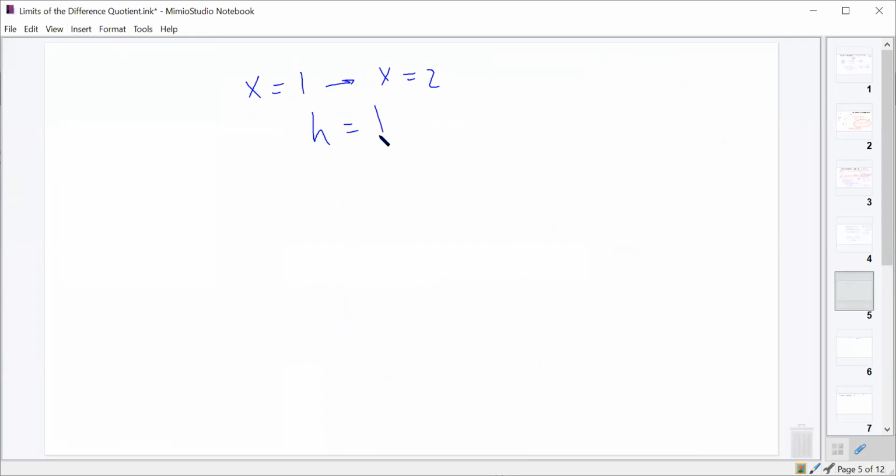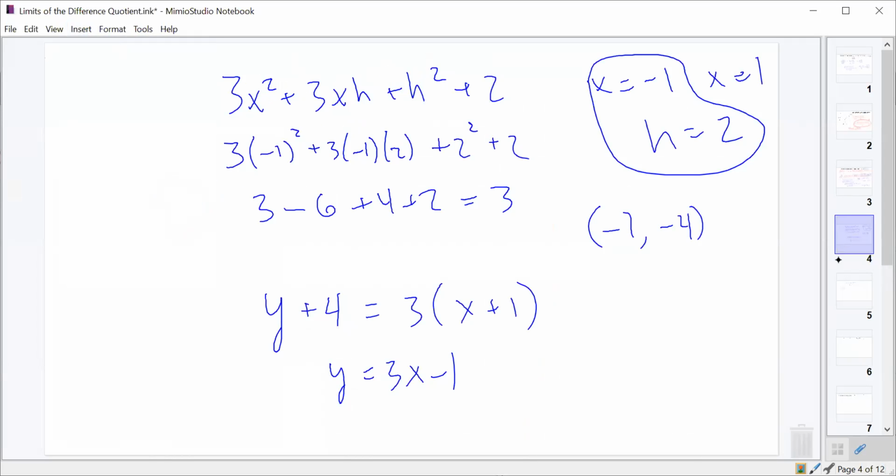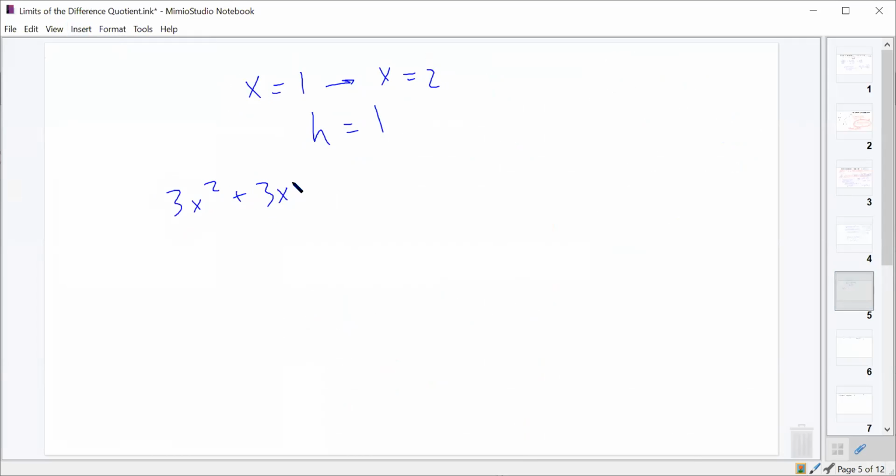So we had the formula, what was it, 3x squared plus 3xh plus h squared plus 2? And if I plug in x equals 1 and h equals 1, that becomes 3 plus 3 plus 1 plus 2. Gives us a slope of 9 this time.